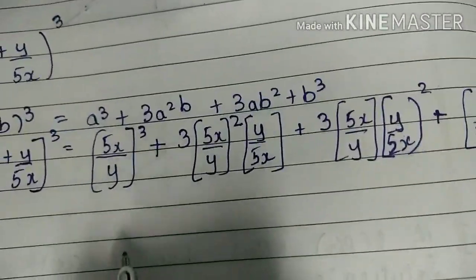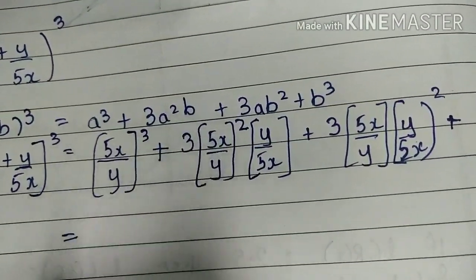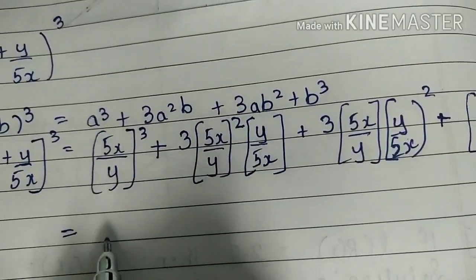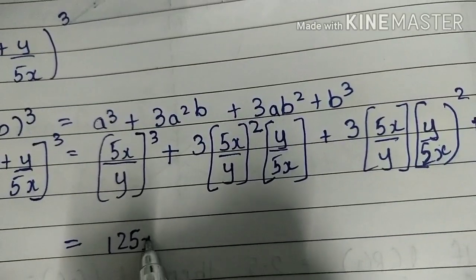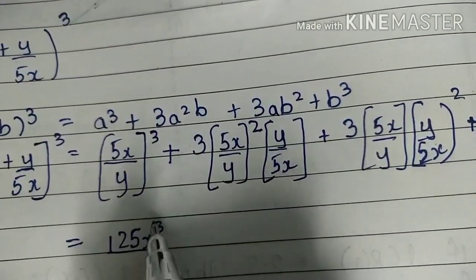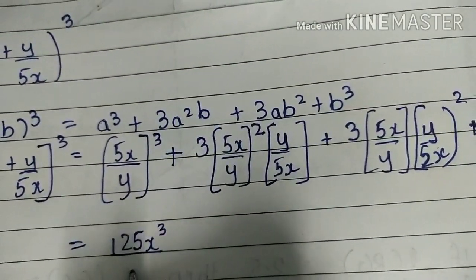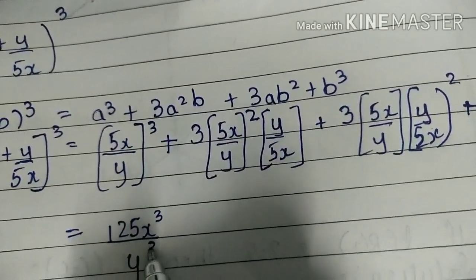Okay, now we will solve this. So when you take cube, 5 5s are 25, 25 5s are 125. X will also get the cube form because it's being multiplied 3 times, and even y will get cube.